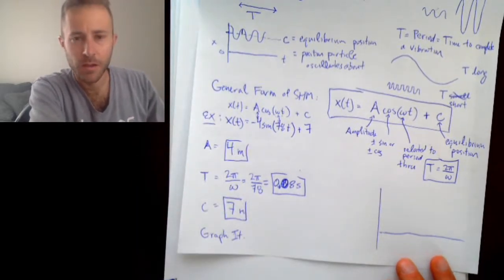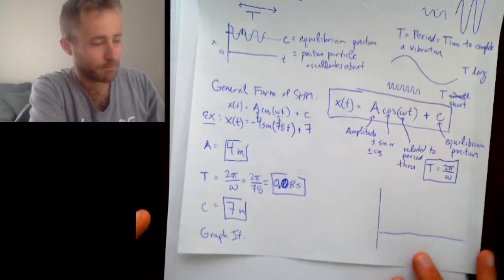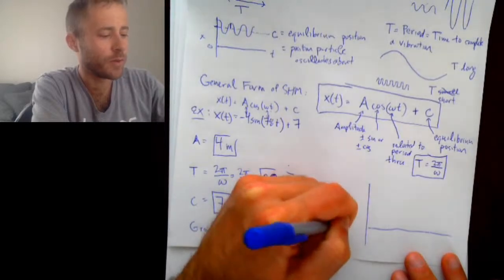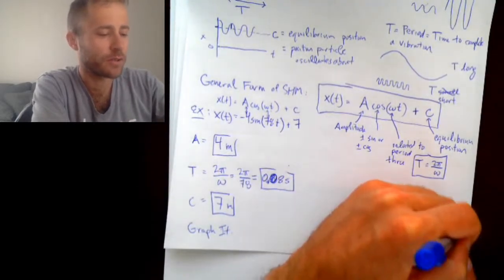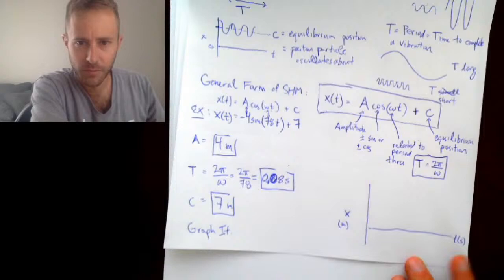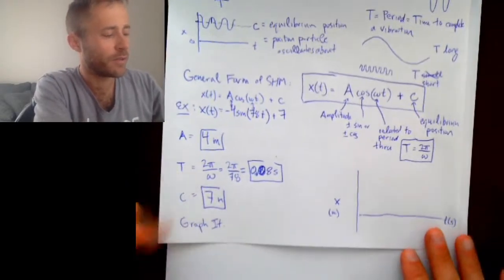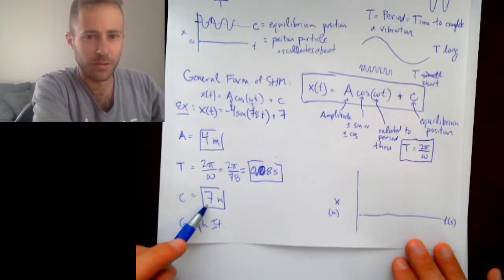Okay, so now we want to graph it. So I do my position in meters as a function of time in seconds. And I know that the equilibrium position is 7.